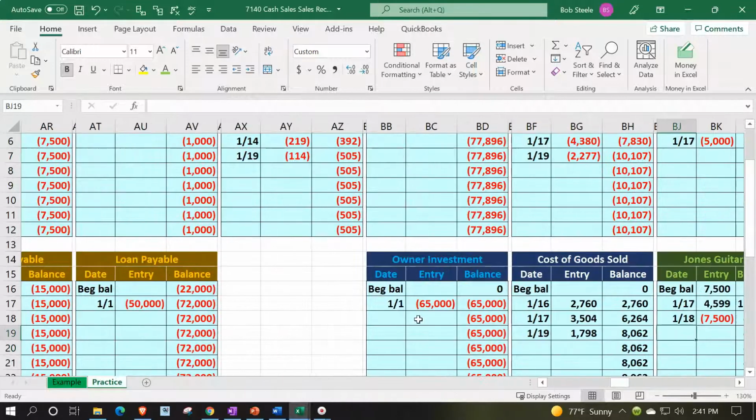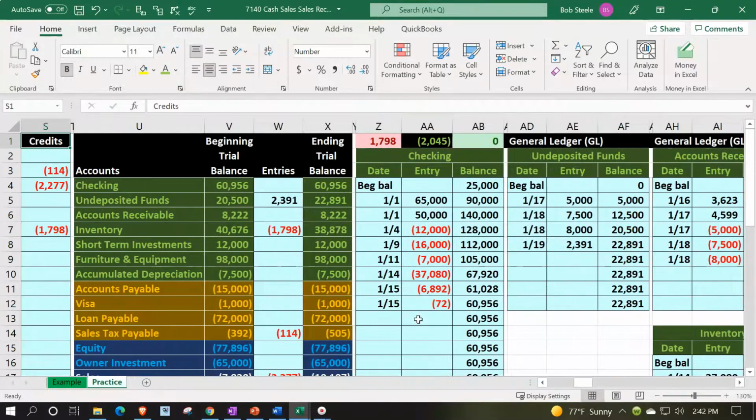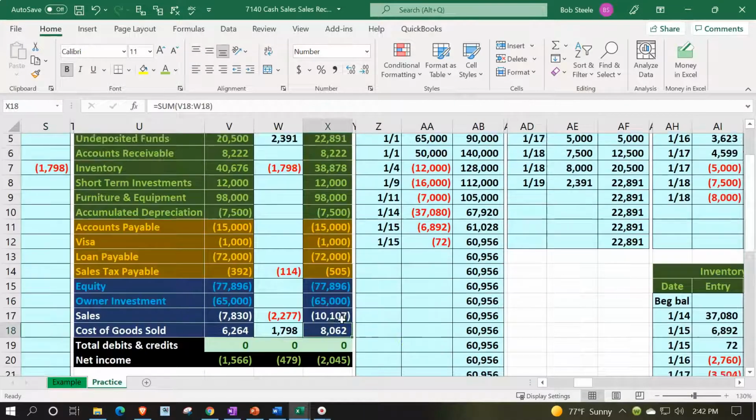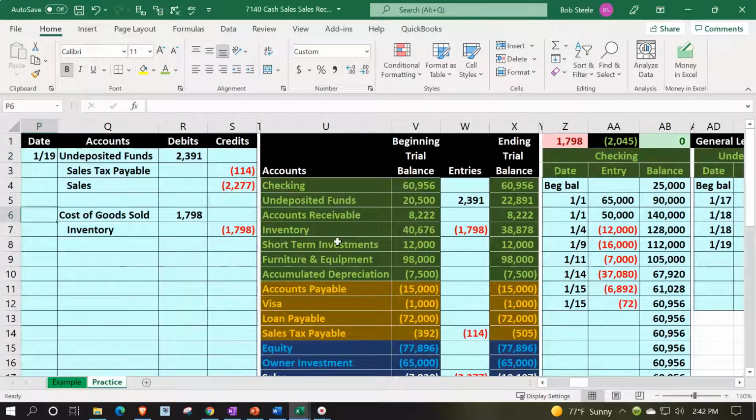In our case, guitars. The 6264 plus the 1798 brings us up to the 8062. That 8062 should match what's on the trusty TB. There it is, and we're out of balance by the 1798 until we record the other side to inventory.